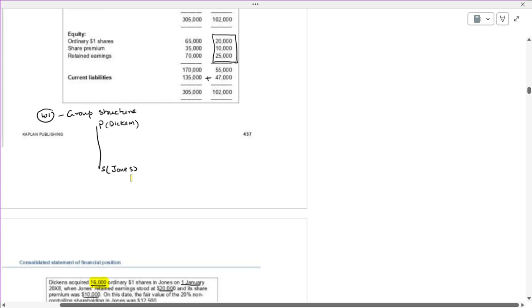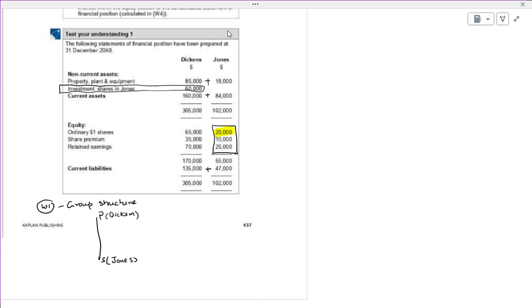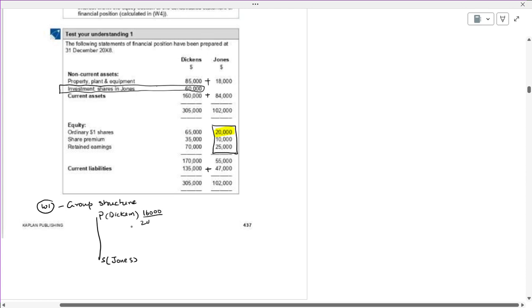How many shares are there? 20,000. So 16 divided by 20,000 times 100 comes to how much? 80%.